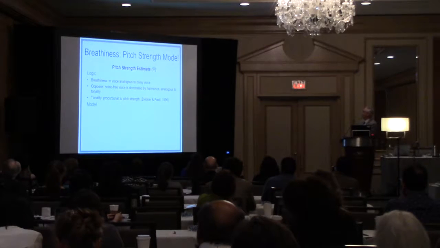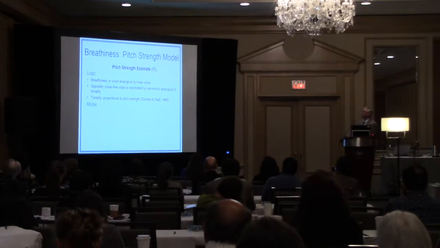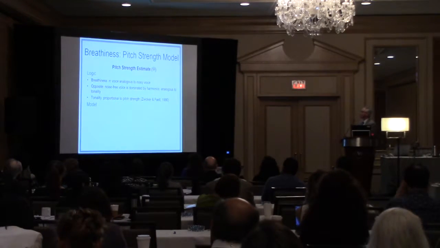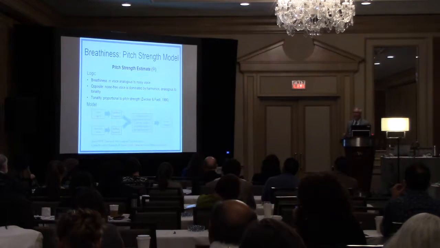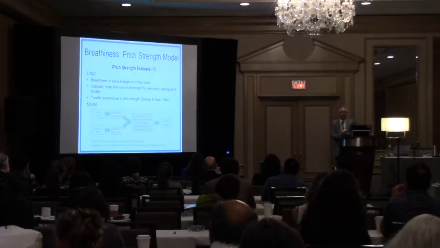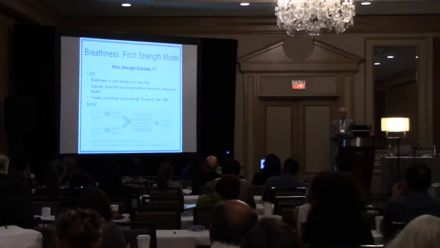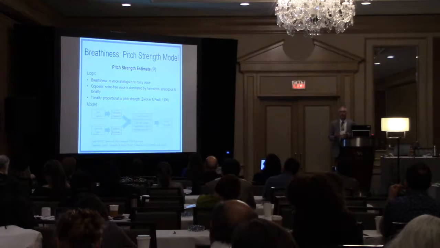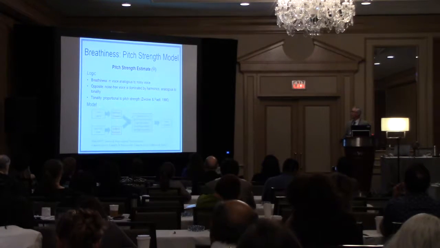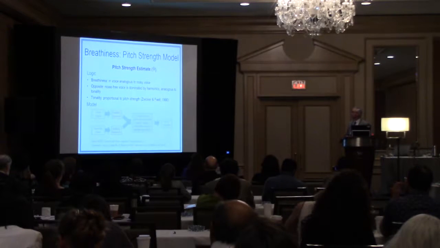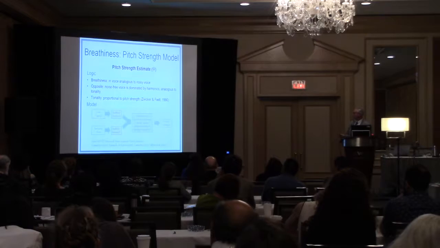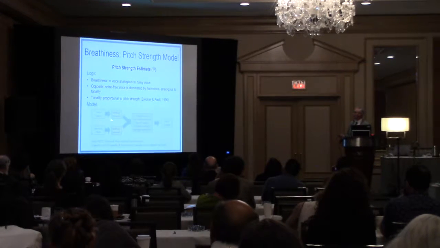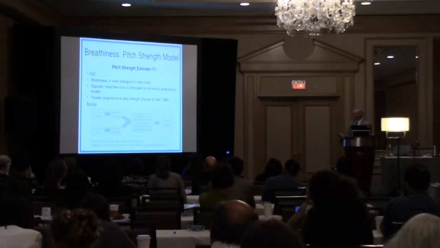Let's go to the pitch strength model, which brings us back to pitch. The pitch strength model is the notion that we could model the breathiness in normal and pathological voices, for people who are synthesizing breathiness by artificially creating a breathy voice like Lon was doing earlier. We can model that with a series of computations that reflect what the auditory processing does, and a comparison to a noisy sawtooth wave.